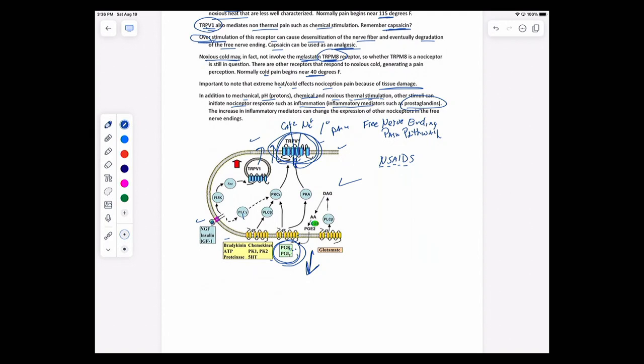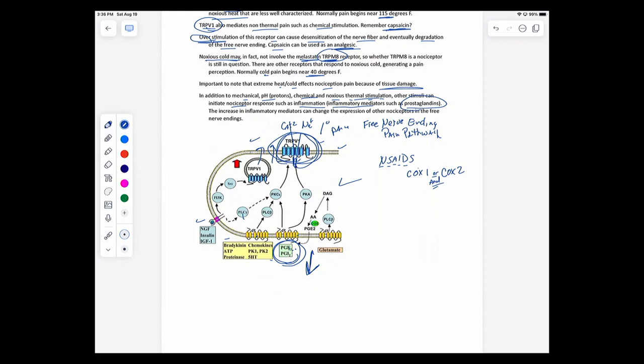Now, I'm sure you've probably had this in other classes, but the way NSAIDs work is that they're going to be inhibiting the activity of a COX-1 or a COX-2 enzyme, or actually perhaps inhibiting both of them, so it could be or and. And the COX-1, COX-2 enzymes are really important for the manufacturing of prostaglandins.